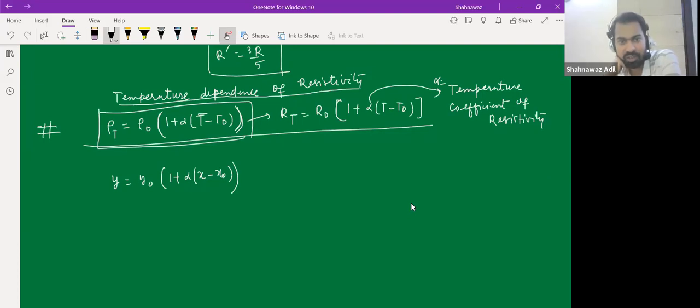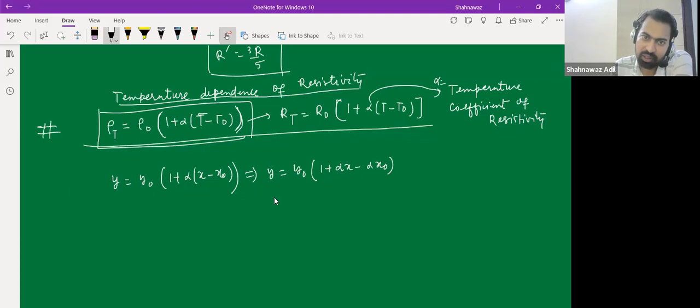Let me give you a hint. What is the degree of this equation? Let me simplify this. y equals y naught into 1 plus alpha x minus alpha x naught.